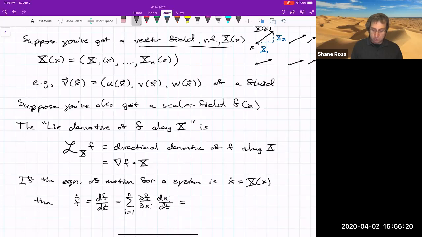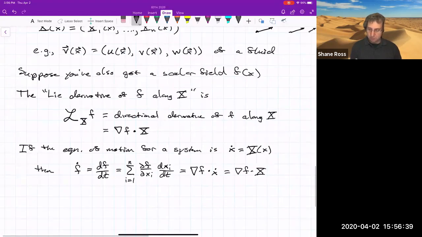So this is just writing out in component form gradient of F dotted with x dot, usual dot product, or gradient of F dotted with X, which we set up above, is the Lie derivative. So F dot equals the Lie derivative of F with respect to the vector field X.